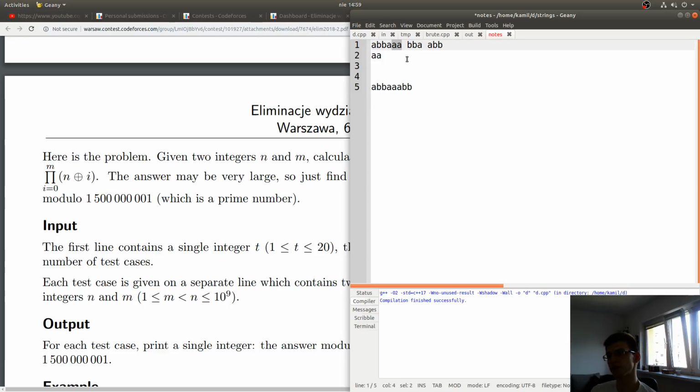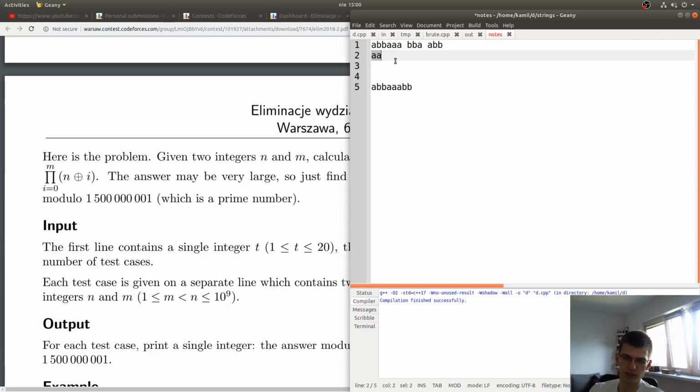For every place we should find out whether the small string occurs at this place. It's possible to do in plenty of ways, for example with the KMP algorithm or with hashes. Or, because the constraints are very small here, we can have complexity of the size of the big string times the size of the small string, because 50,000 times 100 is okay.